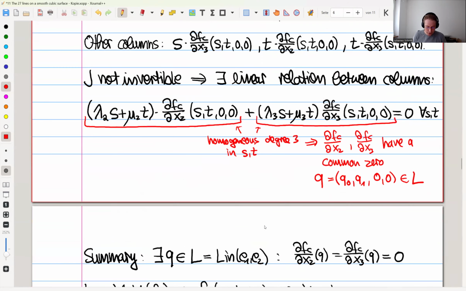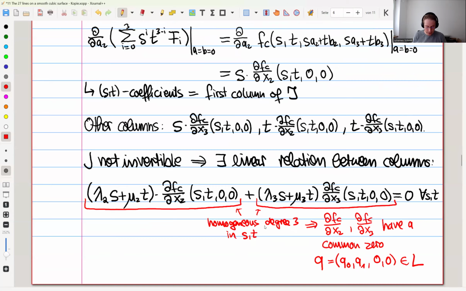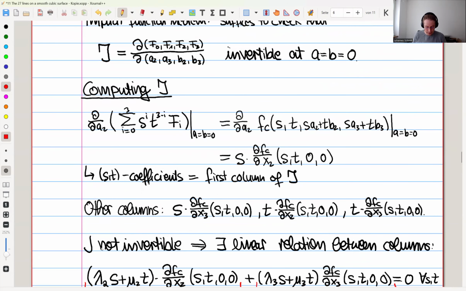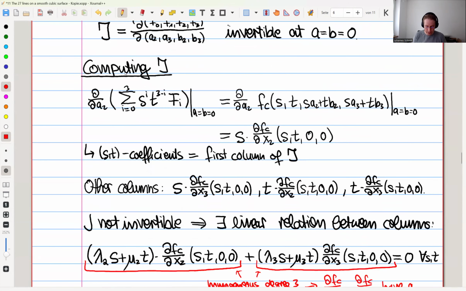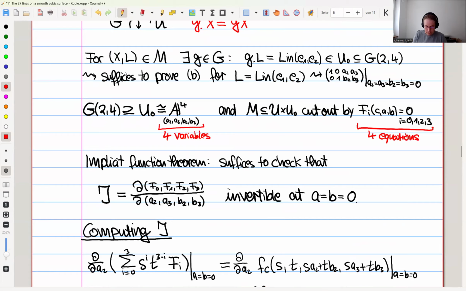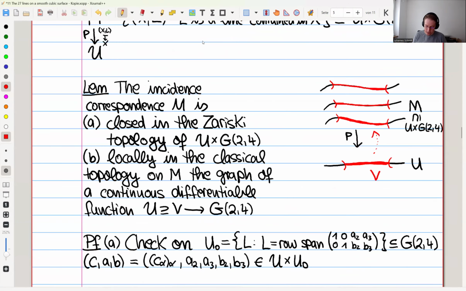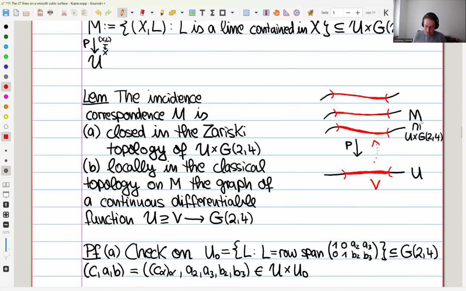And so we have reached a contradiction to this assumption that J is not invertible, so J is invertible. And this means that indeed we have this nice picture that this incidence correspondence is locally the graph of such a function. And then in the next video, we'll see how we use this to conclude that you get 27 lines over any point in Q.